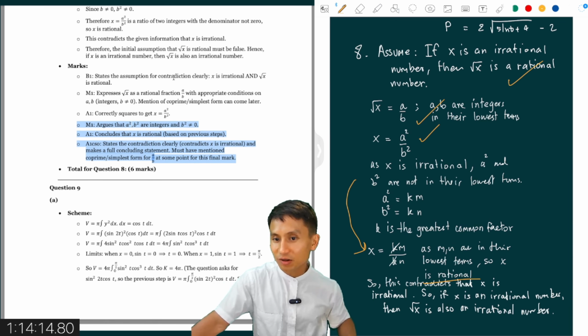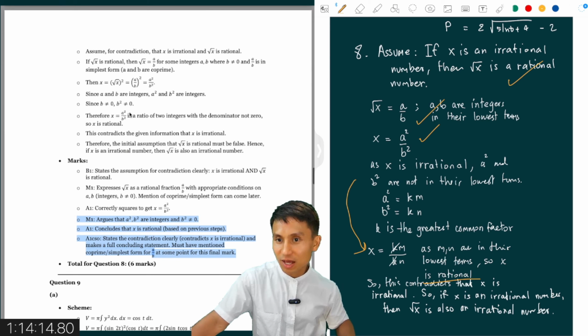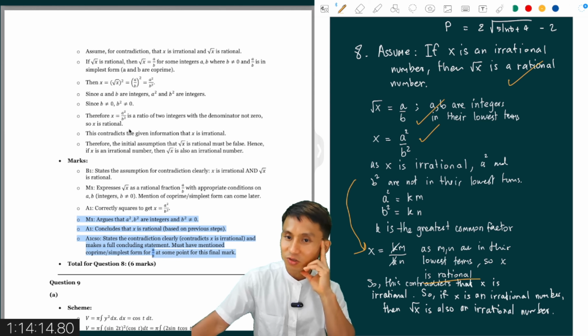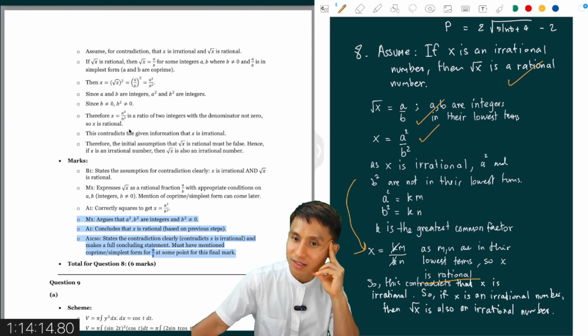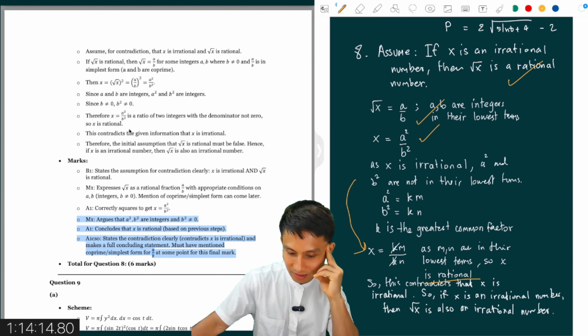So the argument of the AI here is that when you have x equals a squared over b squared, it is a ratio of 2 integers with denominator not 0, so x is rational. Oh yeah, I should have seen that. Hang on.